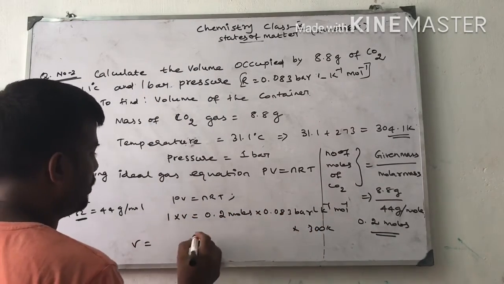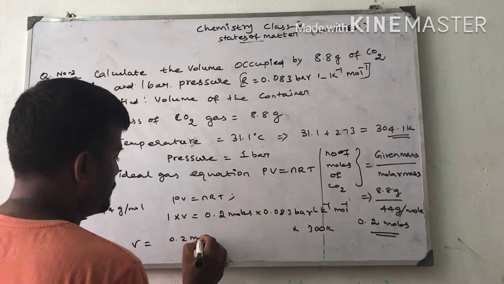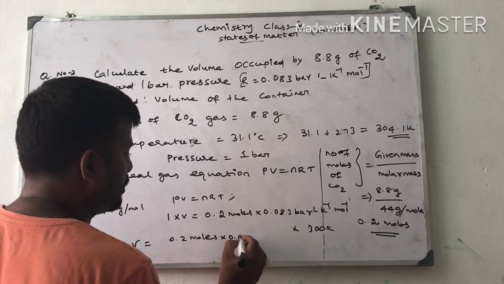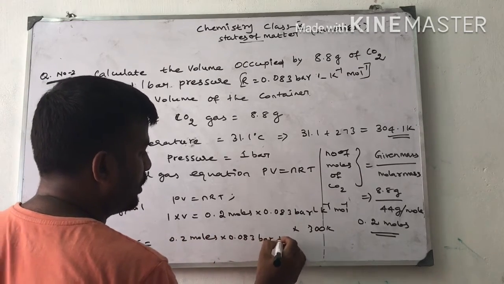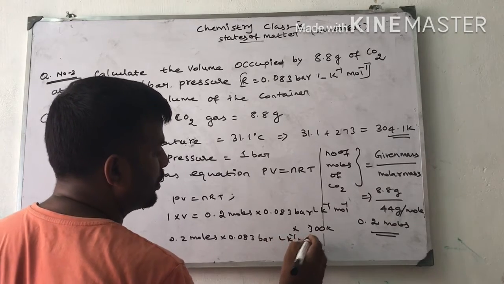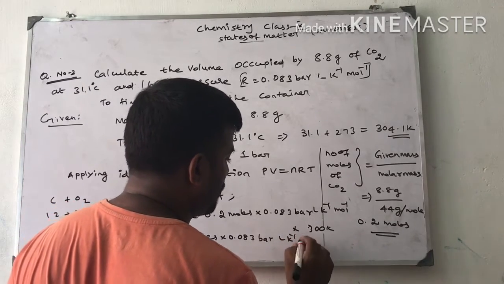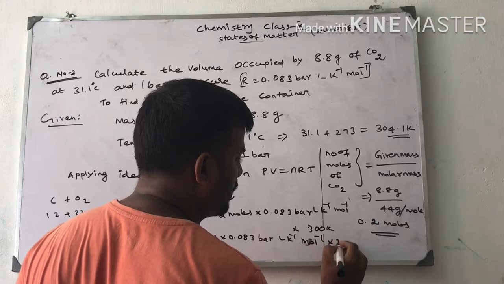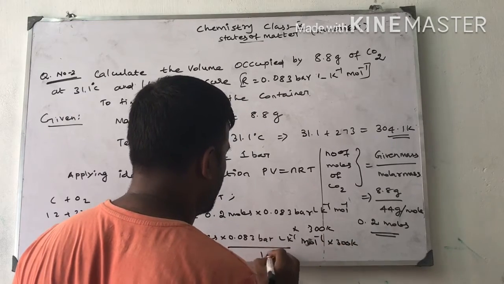Then V is equal to 0.2 moles into 0.083 bar liter Kelvin inverse mole inverse into 300 Kelvin by 1 bar.